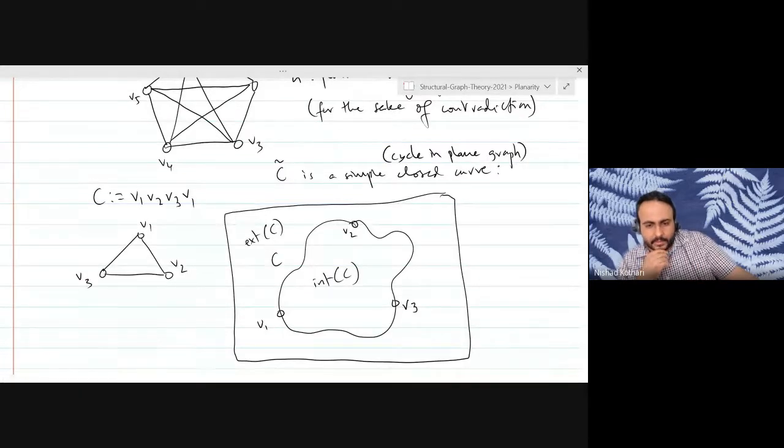Now where is the vertex V4? V4 could either be in the interior or in the exterior. By our previous discussion, there is not really any difference between the interior and exterior.